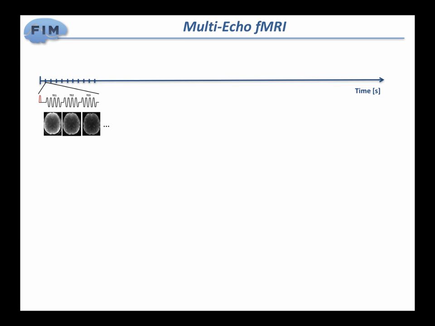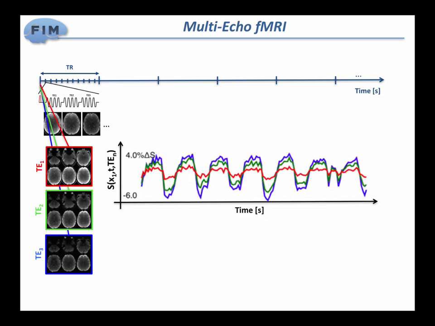The whole idea is that we acquire more than one time series, and those have different weightings in terms of the signals that form whatever it is that we record, okay? So we do this over time, and the big difference is that instead of ending up with a single time series per voxel, we end up with n time series per voxel.